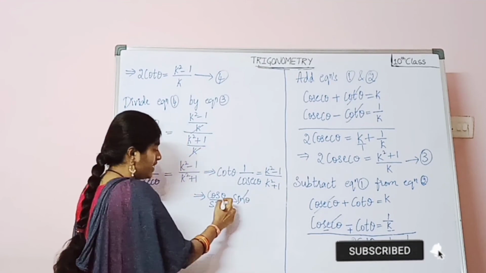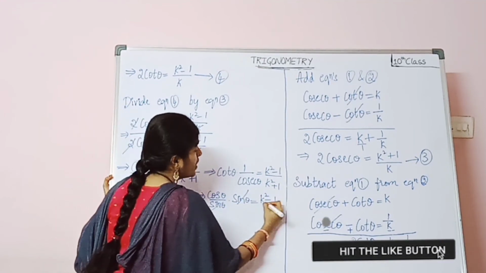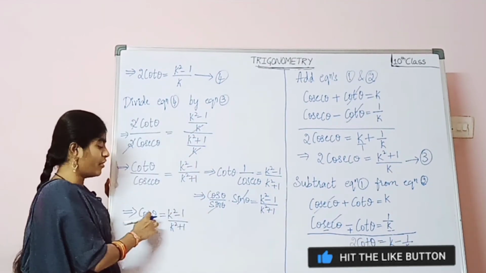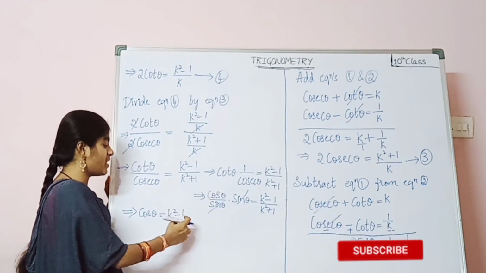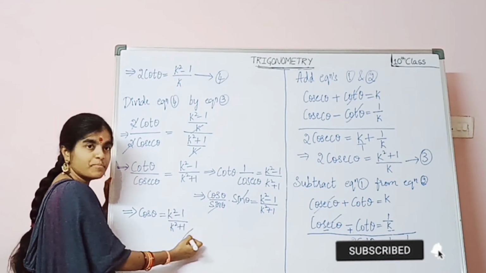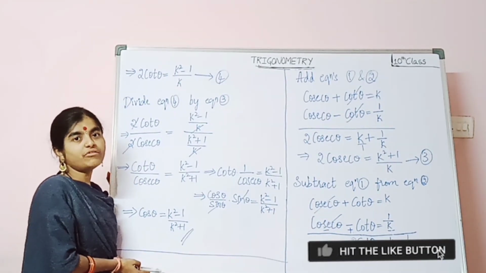So sin theta and sin theta are cancelled, and what remains is K square minus 1 by K square plus 1. It implies cos theta equals K square minus 1 by K square plus 1. This is what we had to prove. So this is the solution. With this we have completed exercise 11.4 and the trigonometry chapter.